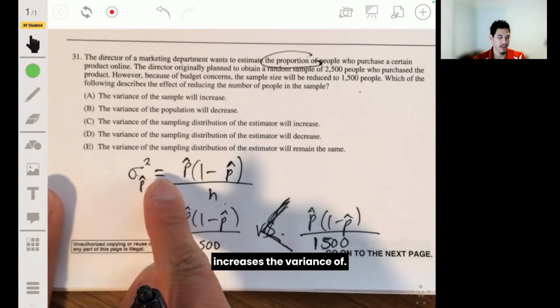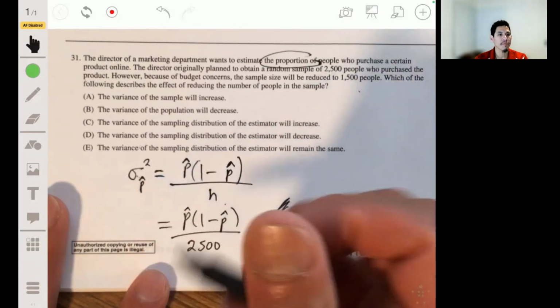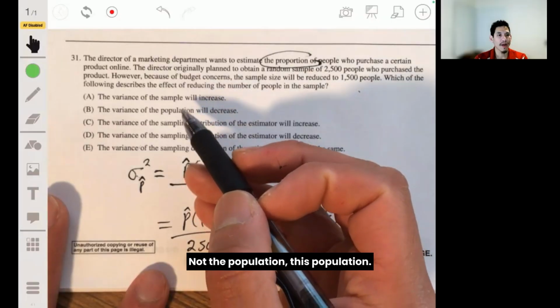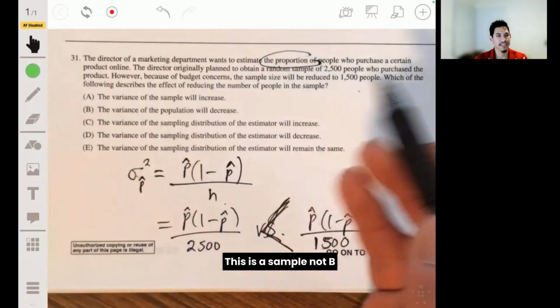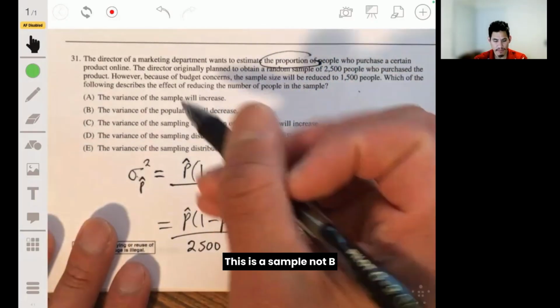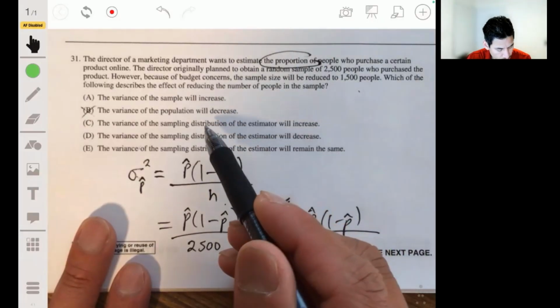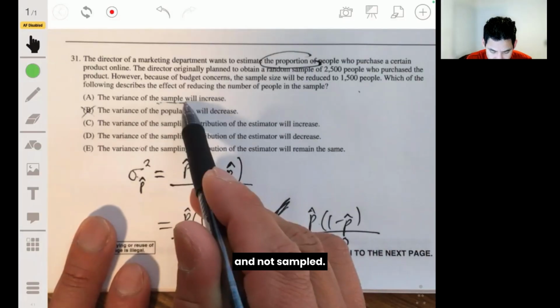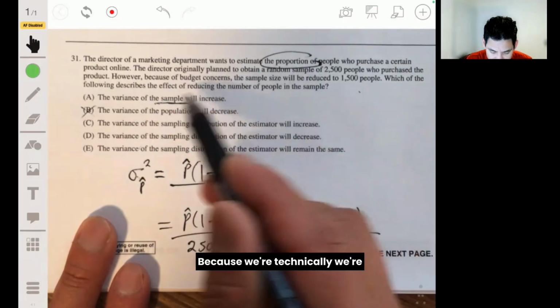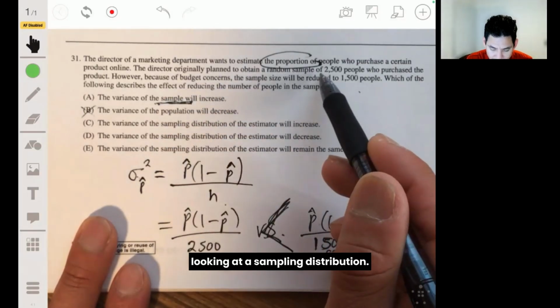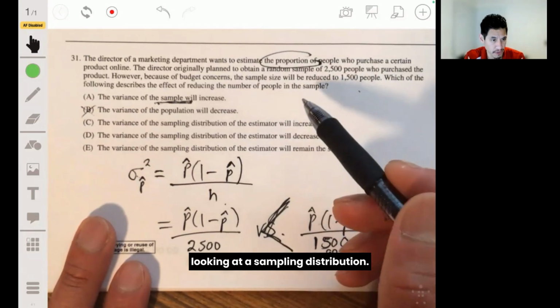The variance of, not the population. This is a sample, remember? Not exactly sample either, because technically we're looking at a sampling distribution.